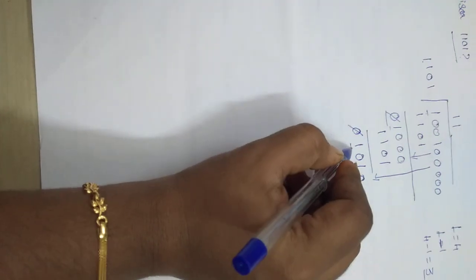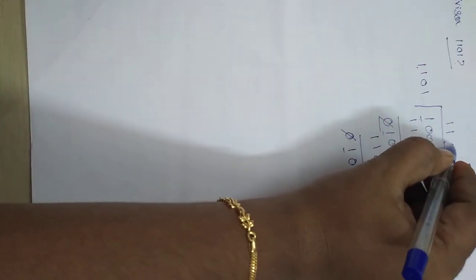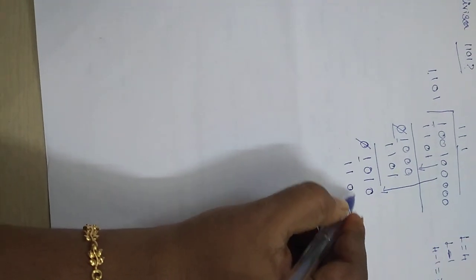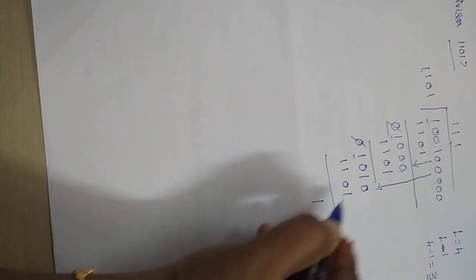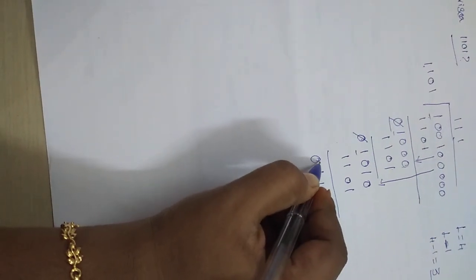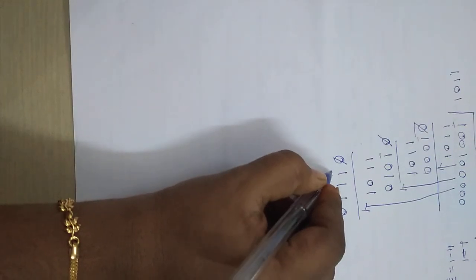The starting bit is 1, so we put a 1 in the quotient and use 1101. Performing XOR: 0 1 is 1, 1 0 is 1, 0 1 is 1, then 0 0 is 0. So we drop down the next bits, 0 and 1. Now the first bit is 1.